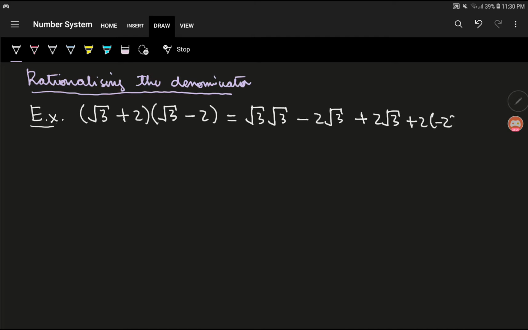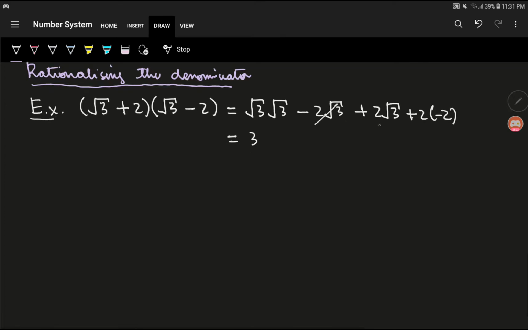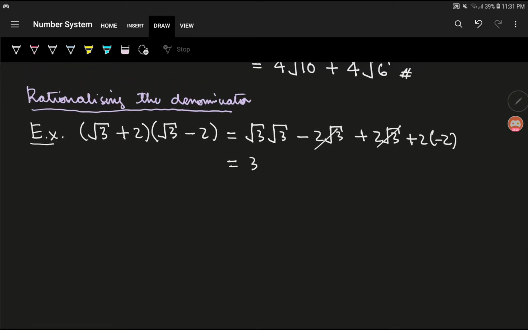This one is 3. Negative 2 surd 3 is cancelled out by positive 2 surd 3. So what's left is 3 plus 2 multiply negative 2, so negative 4. 3 minus 4 is negative 1.